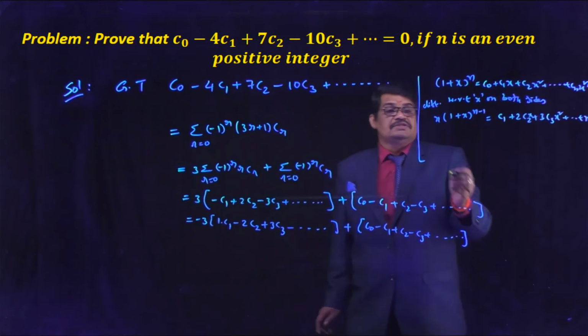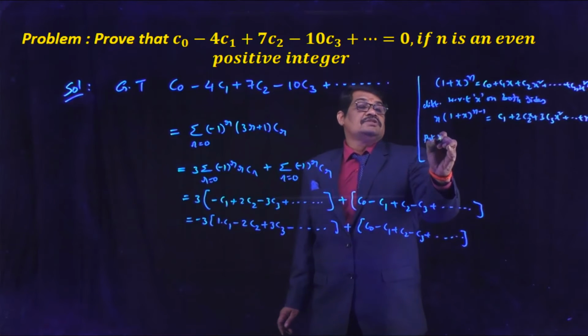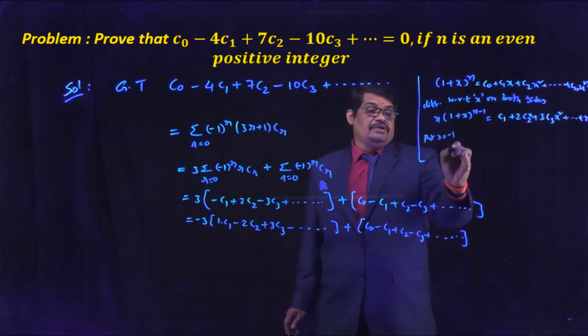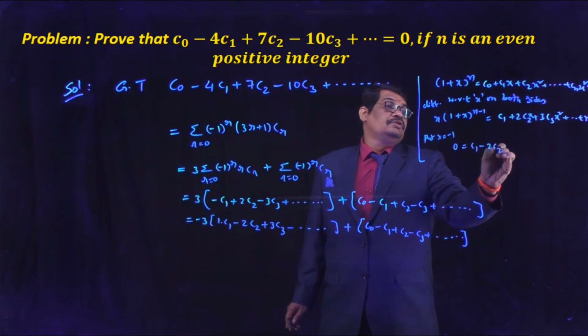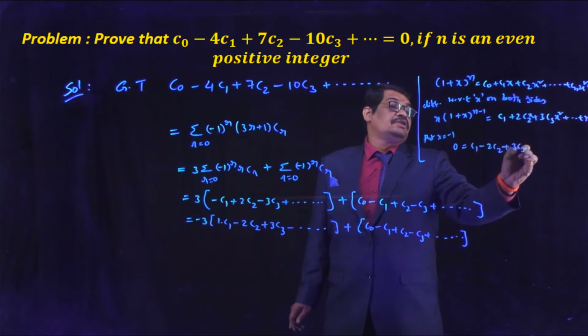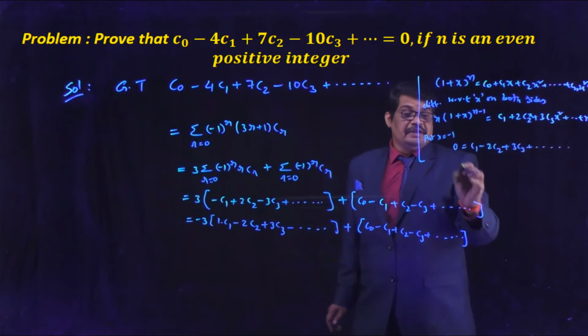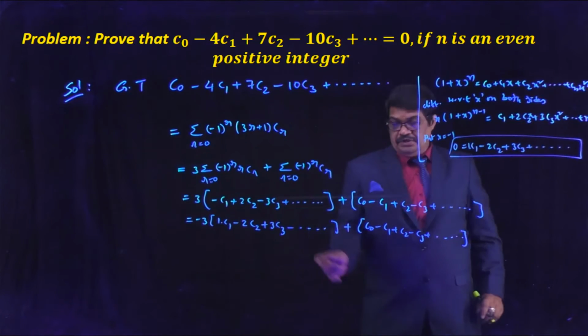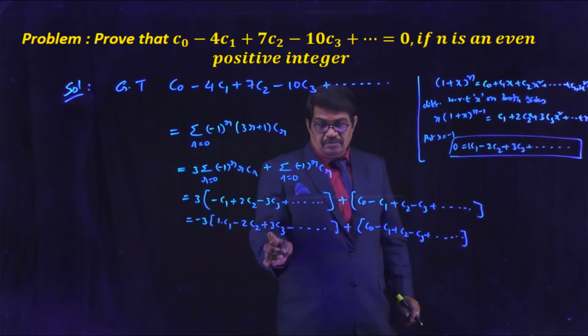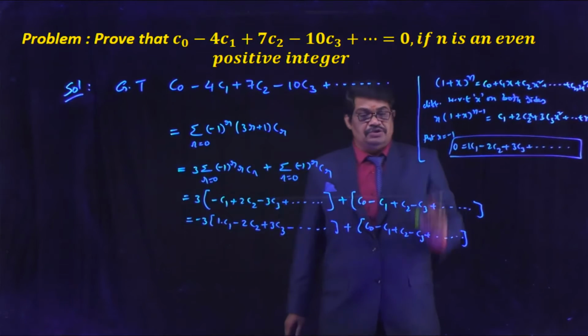Now put x equal to minus 1, so the left side will be 0. Here we get C1 minus 2 C2 plus 3 C3 and so on. So this is the result: 1 C1 minus 2 C2 plus 3 C3 and so on will be 0.